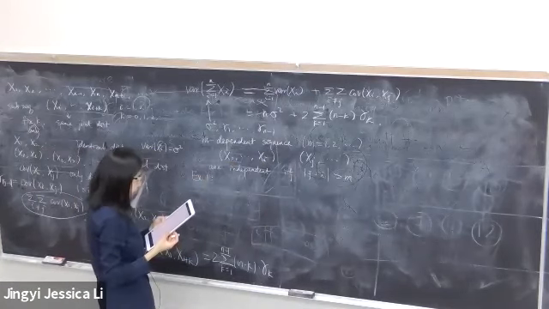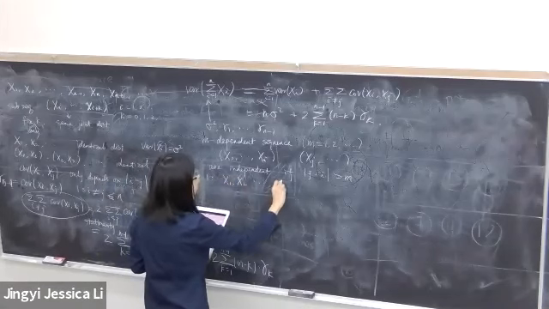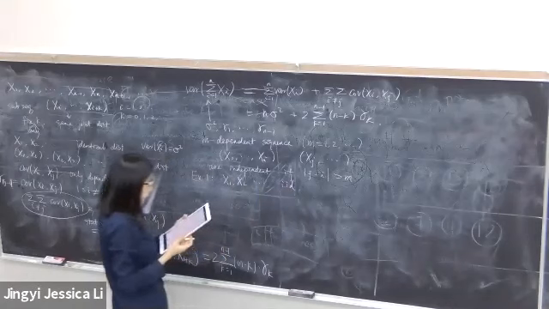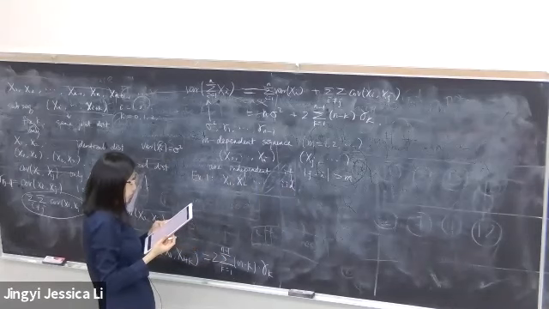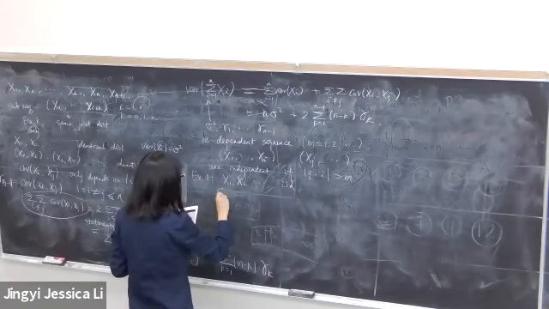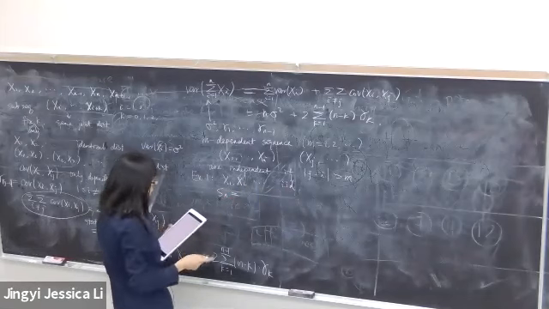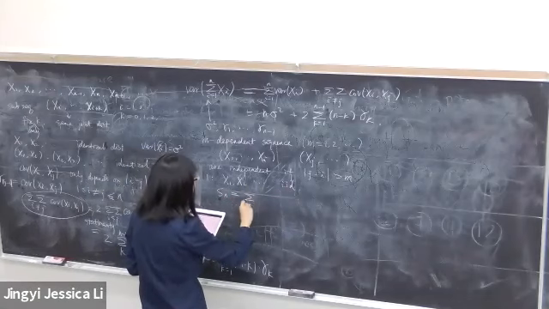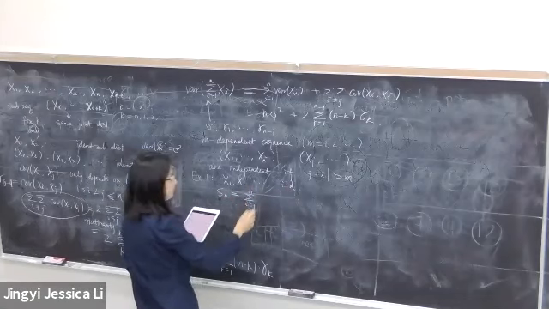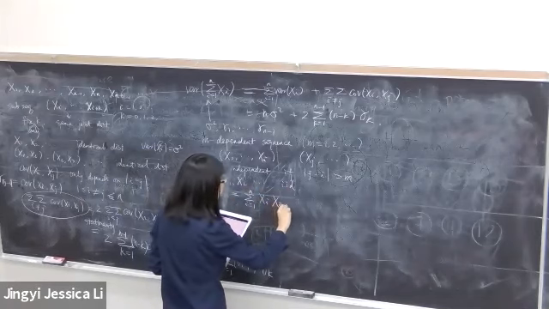Let's say that we have x1, x2, and so on, an IID sequence. But we are interested in this statistic, Sn, defined as the summation from i equals 1 to n of xi times xi plus m.